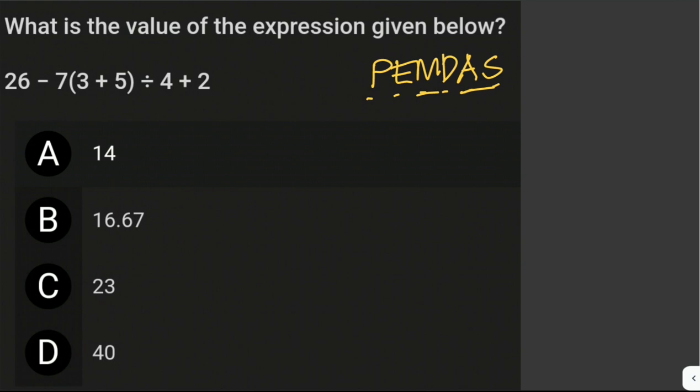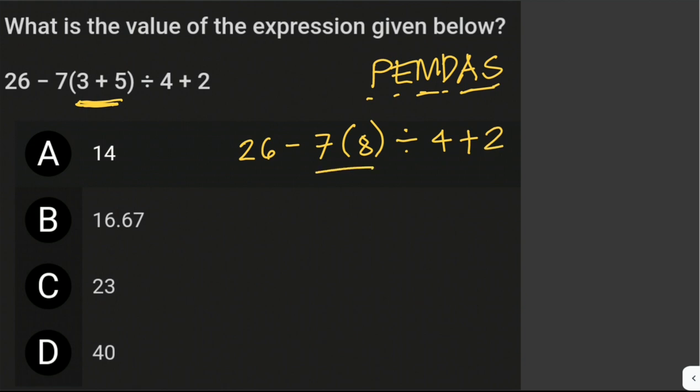So in this case, we have 3 plus 5 inside the parentheses, so we solve this first. So that would be 26 minus 7 times 8 divided by 4 plus 2, and then this one from left to right, multiplication and division.